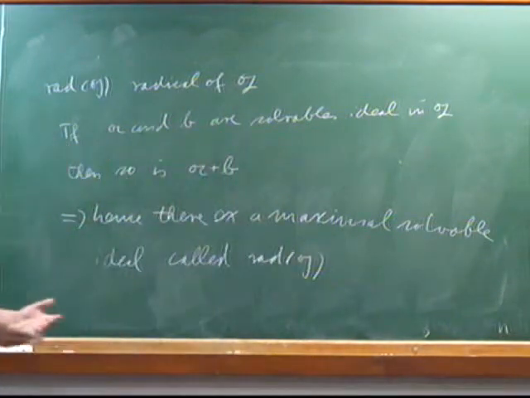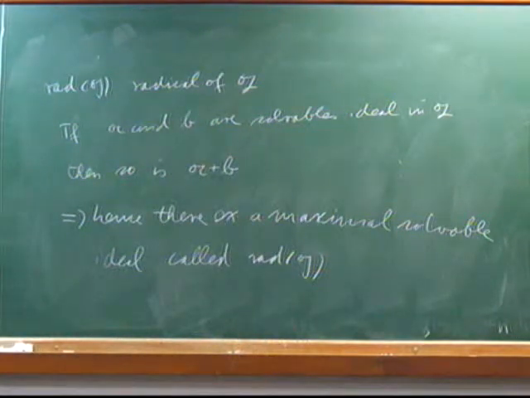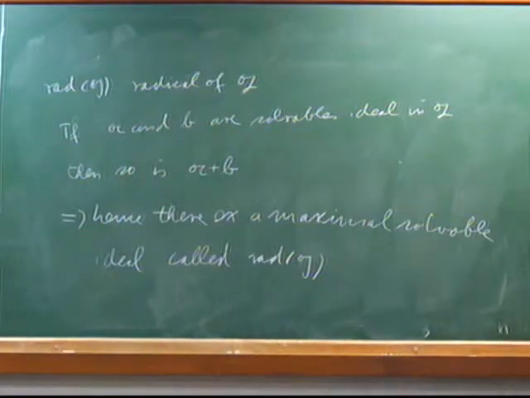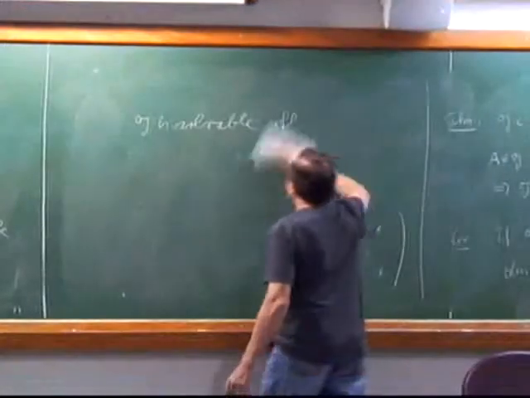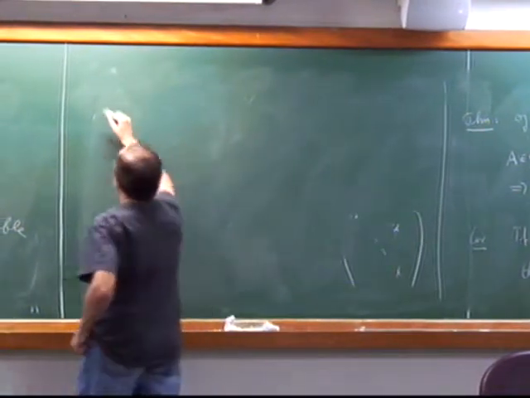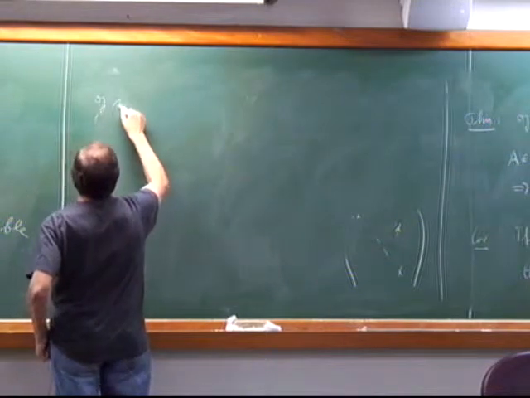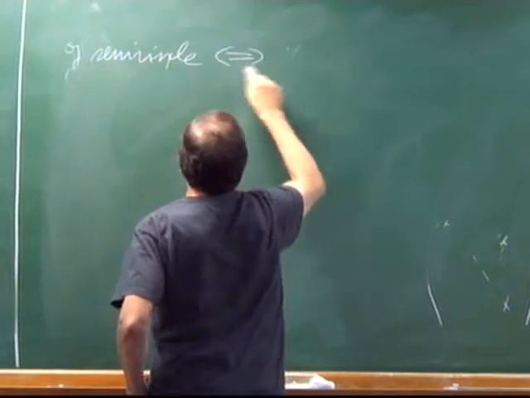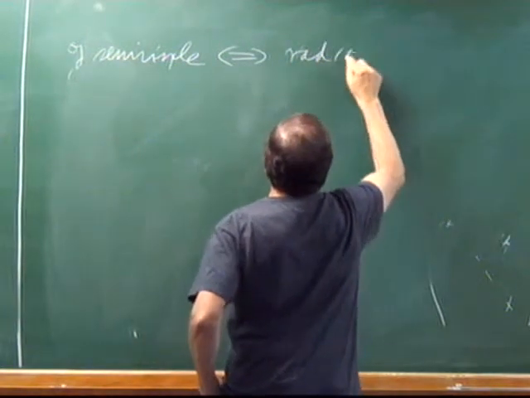Since the sum of any solvable ideals is a solvable ideal again, there must be a maximal one, since G is finite dimensional. So that's called the radical. And so another equivalent definition of G being semi-simple is that the radical of G is 0.